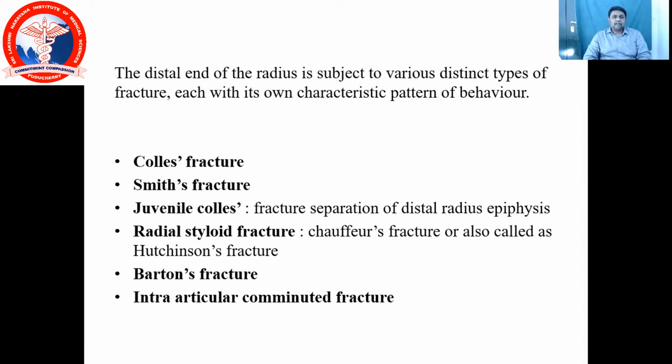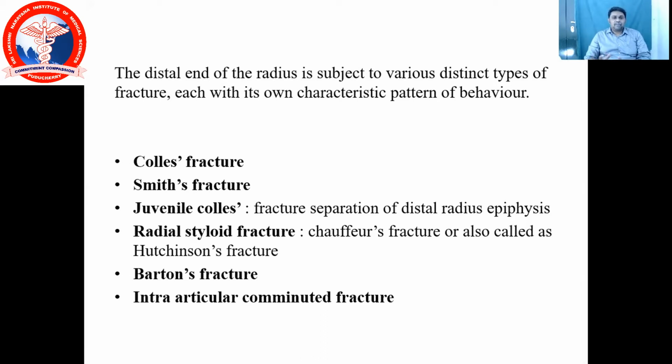So in the distal radius, different types of fractures can occur. For example, Colles fracture, Smith's fracture, juvenile Colles fracture, radial styloid fracture, Barton's fracture, intra-articular comminuted fractures.